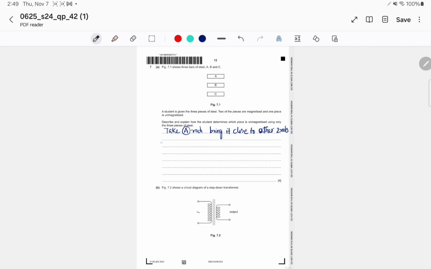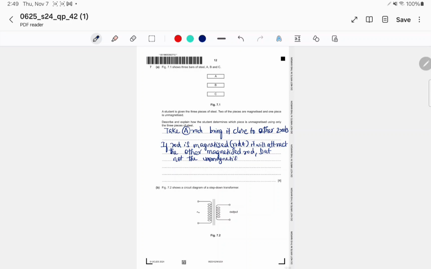If the rod A is magnetized, it will attract the other magnetized rod, because two are magnetized, so it will attract the other magnetized rod, maybe B or C. But if A is not magnetized, then it is unmagnetized. We can come to the conclusion from that.